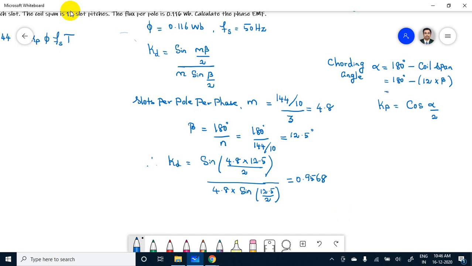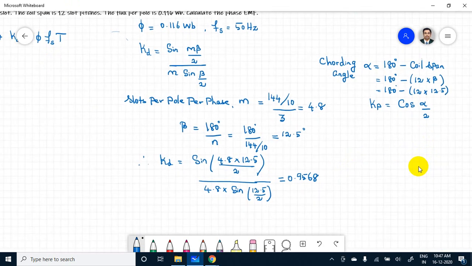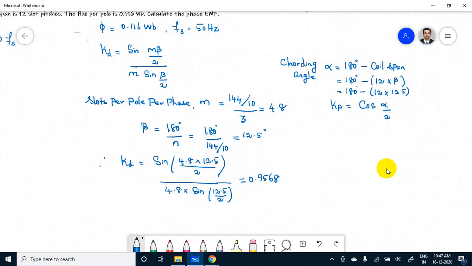Therefore 180 degree minus 12 into beta value, which is 12.5. So what is the value for this alpha? How much? Alpha you will get 30 degree.